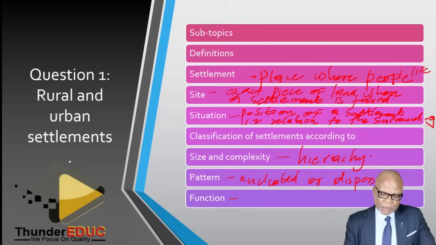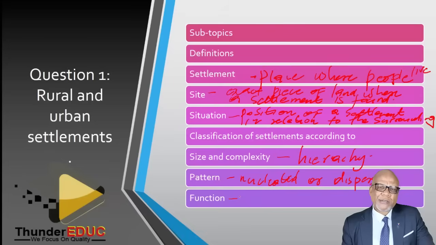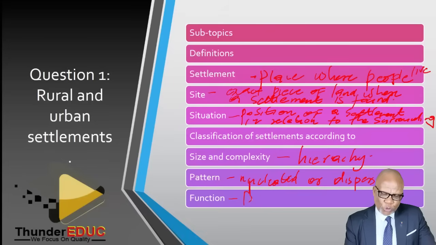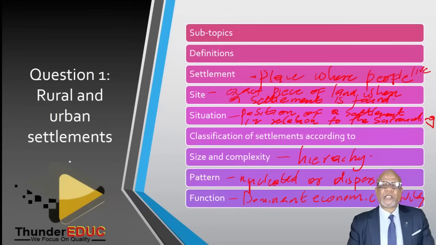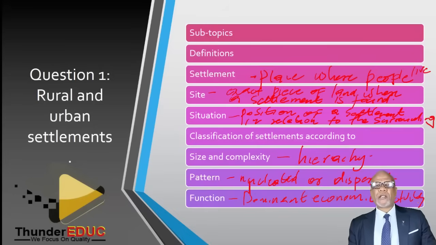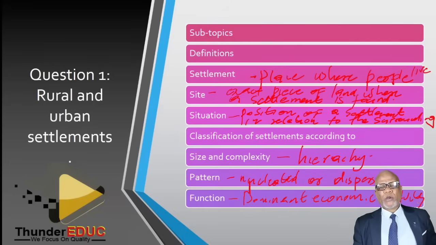Then you can also look at settlements in terms of their function. So what is a function of a settlement? Function simply refers to the dominant economic activity. So we'll look at what is the function of a settlement, and then we classify settlement as rural or urban.